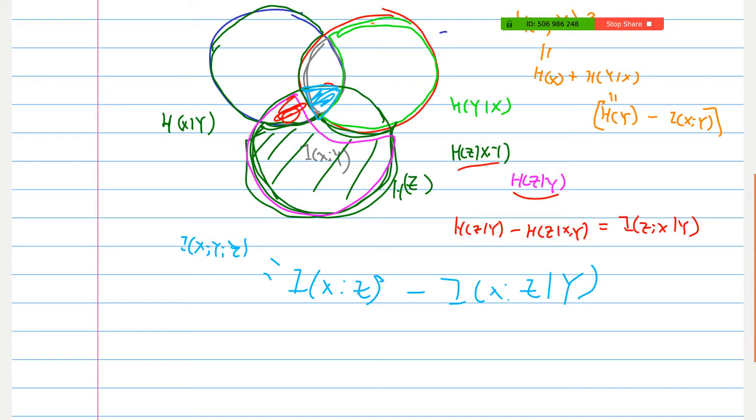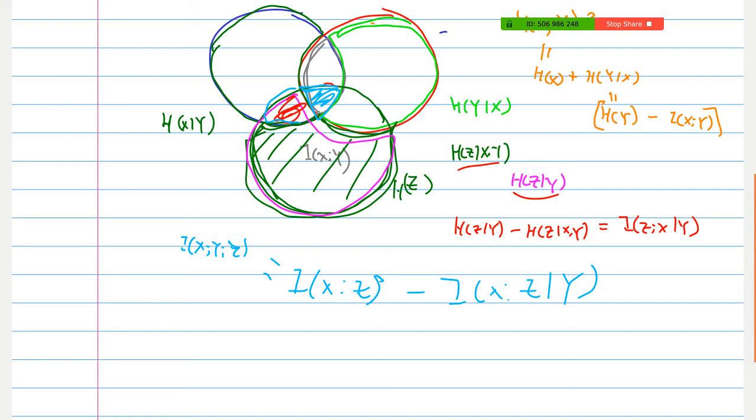So tell me, I(X;Z given Y), where's the area I(X;Z given Y)? Oh, I(X;Z given Y) is this one here.